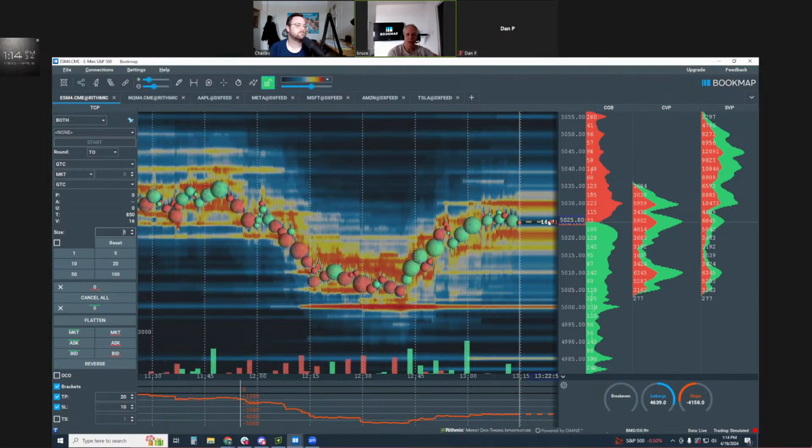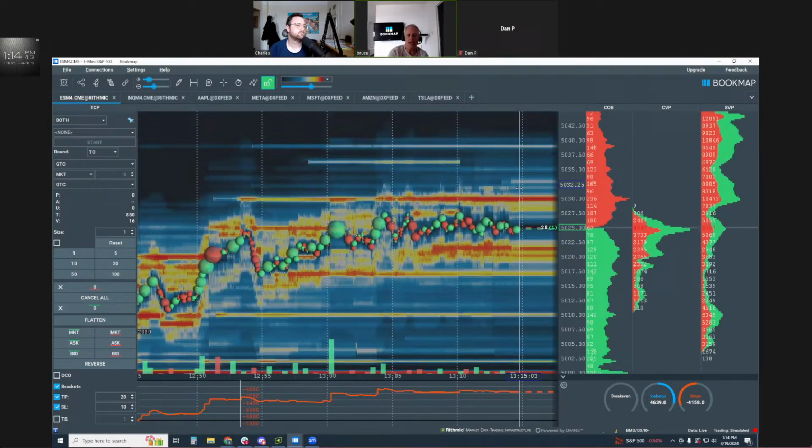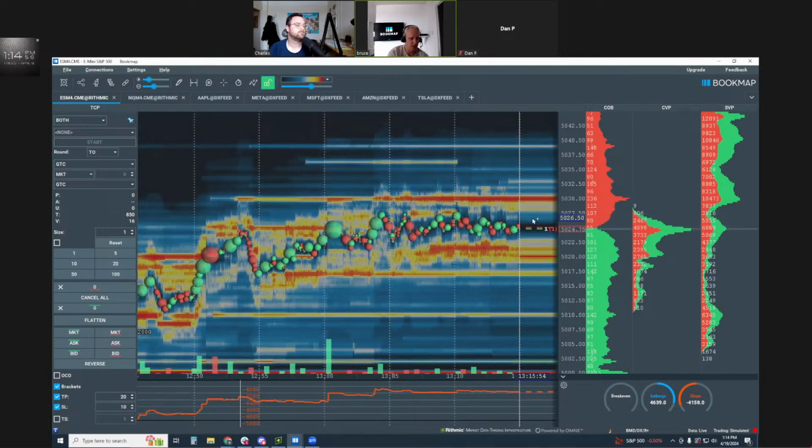Now, trading from the chart sounds complex, but it's pretty simple once you get the feel for it. Anytime that you left click in here, it's going to be a buy. Anytime you right click in here, it is going to be a sell order. The order type depends on where you are on the chart and also holding down the shift key.